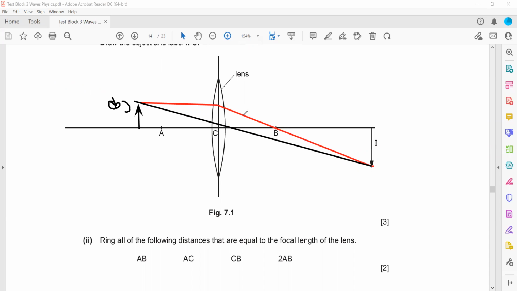Two light rays from the object pass through a lens and converge at one point, at a distance equal to the focal length. So focal length is the distance from the center of the lens to the point where the light rays converge. So from C to B, or we can also say from A to C. This distance is the focal length.